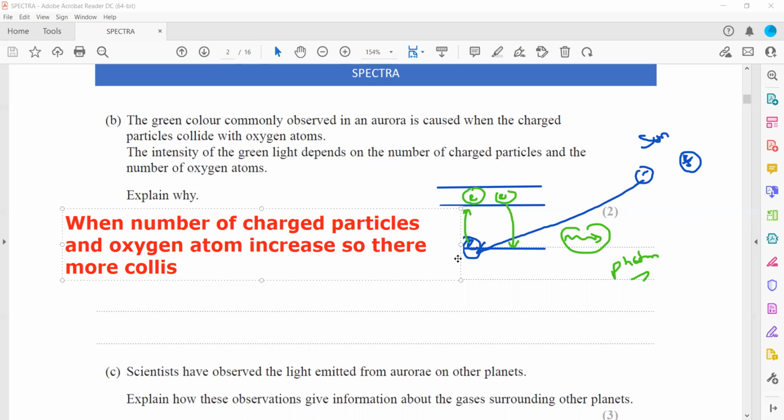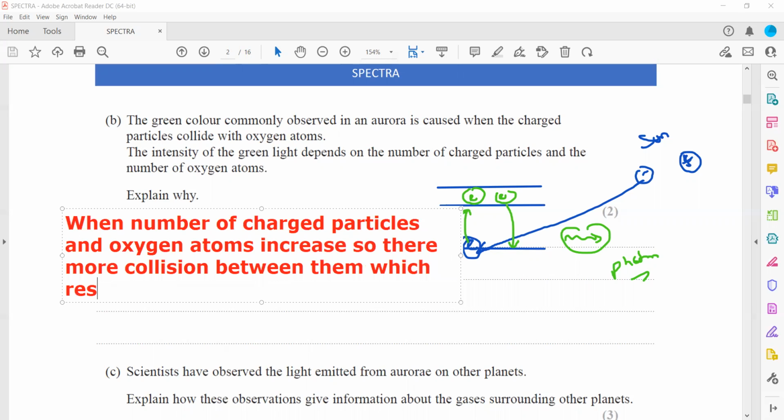So when the number of charged particles and oxygen atoms increases, there are more collisions between them, which results in a large number of excited oxygen atoms.